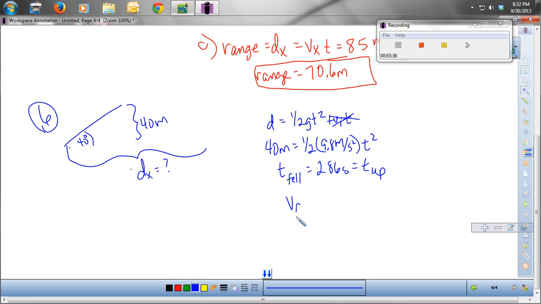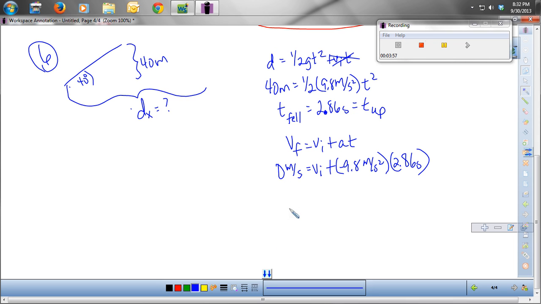So now I can say Vf equals Vi plus At. Vf is going to be 0 at the highest point. Vi is unknown. A is a negative 9.8 meters per second squared. And T is 2.86 seconds. So I can find Vi, and the initial vertical velocity that it had when I did it was 43.6. No, hang on. Having some trouble here.